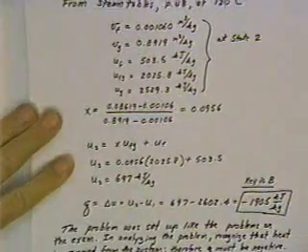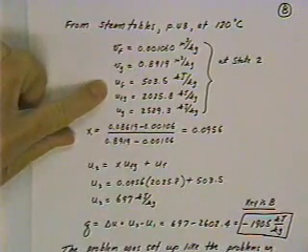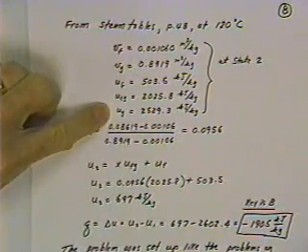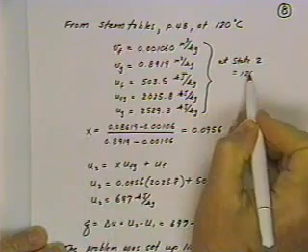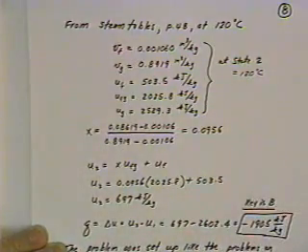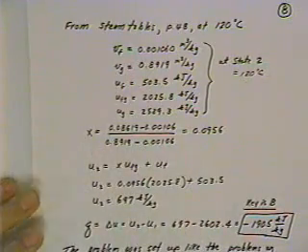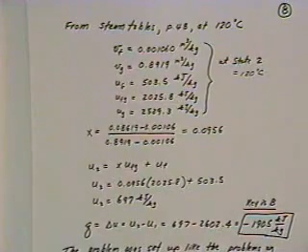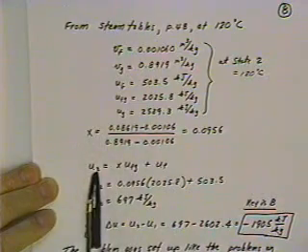I've repeated that information here: VF, VG, UF, UFG, and UG at state 2, and that state 2 of course is equal to 120 degrees C. If we go through the calculations, we find that X is 0.0956.